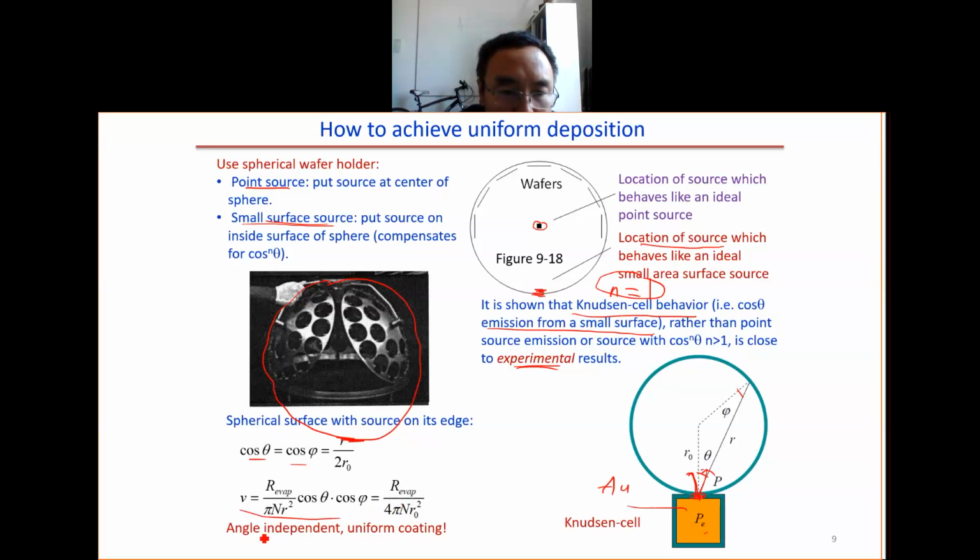You can see this is angle independent. So we have uniform deposition on this surface. But obviously, if you look at each particular wafer, you have more deposition here than on the wafer edge. But overall, the deposition is roughly uniform if you put them along the sphere surface like this.